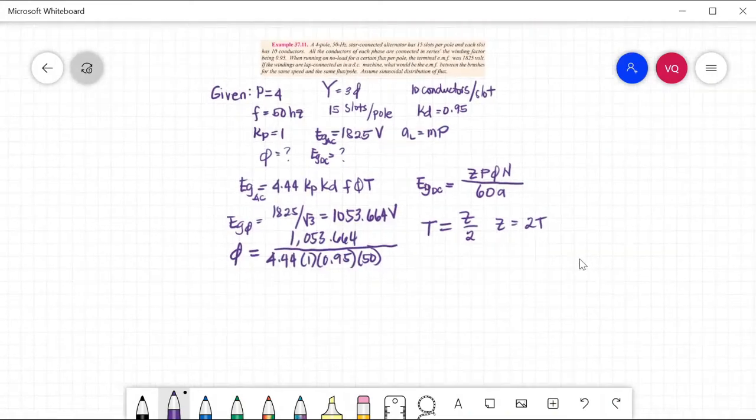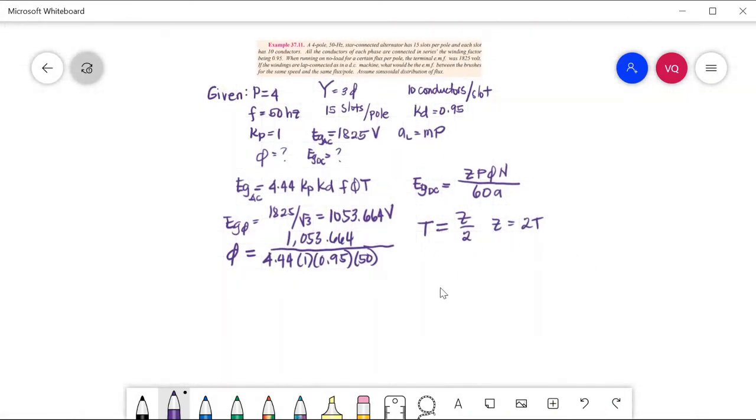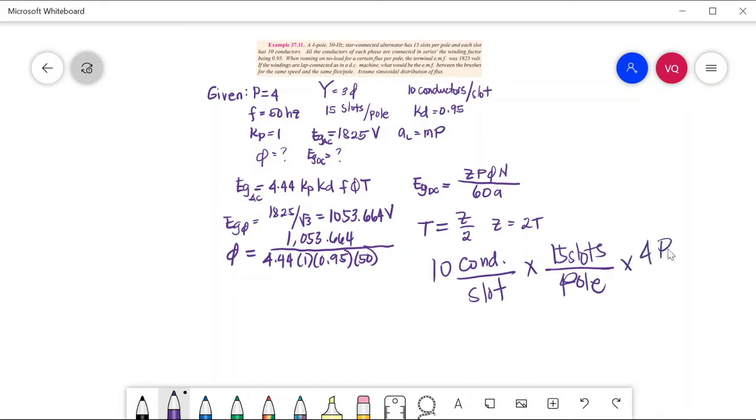So we have here 10 conductors per slot times 15 slots per pole, and we have number of poles is 4. To cancel the slots and pole, what remains is conductors. So our Z will be equal to 10 times 15 times 4. So that is 600.